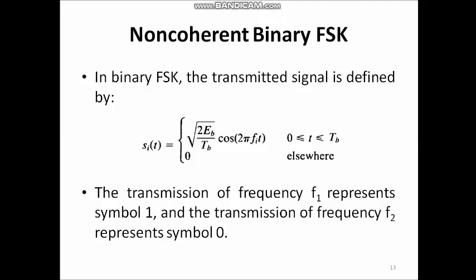So, Fi equal to Ni by TB, where Ni is an integer, and the transmission of frequency F1 represents symbol 1 and the transmission of frequency F2 represents symbol 0. Here F1 and F2 are selected such that the signals S1 of t and S2 of t are orthogonal. Therefore, this non-coherent binary FSK is also called non-coherent orthogonal modulation, because orthogonal carriers are used.